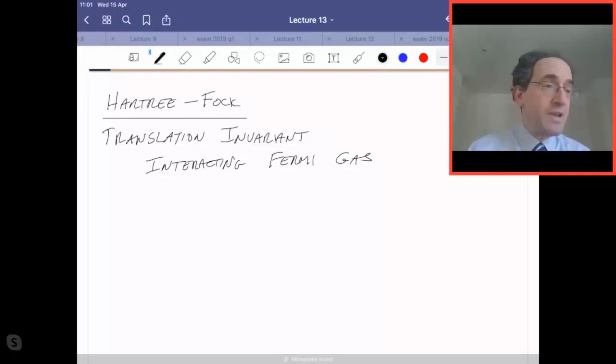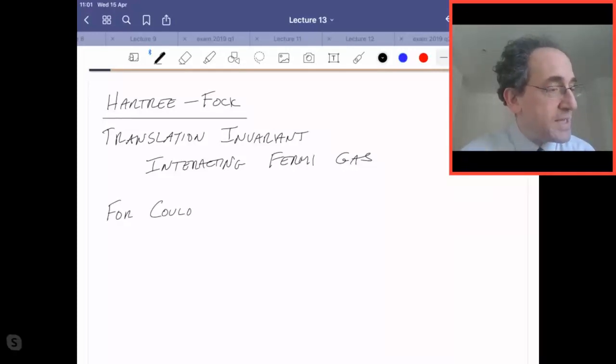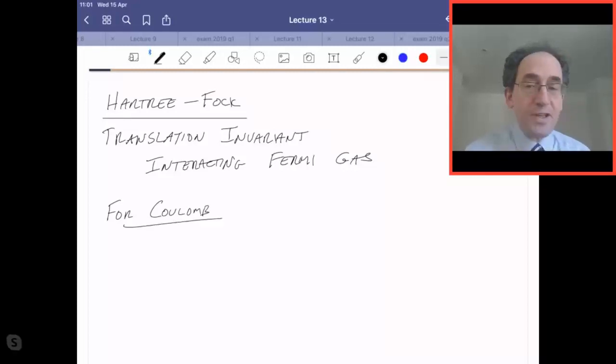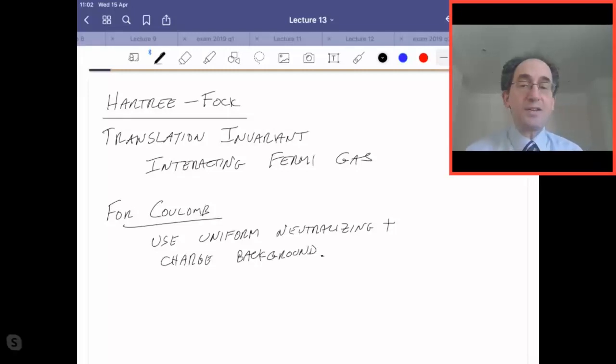So in order to get rid of this unfortunate divergence, if we're going to be considering the Coulomb case, we often use a uniform positive background, a uniform neutralizing plus charge background, which gets rid of this divergence associated with all the electrons repelling each other.